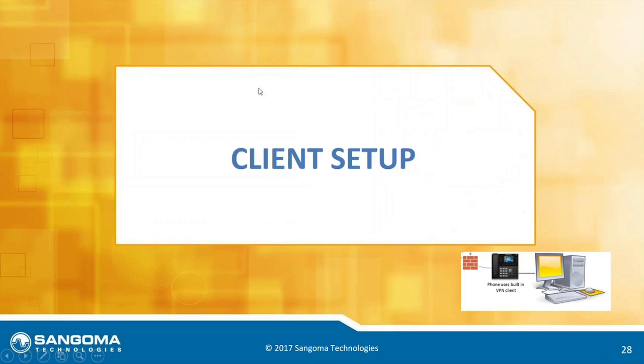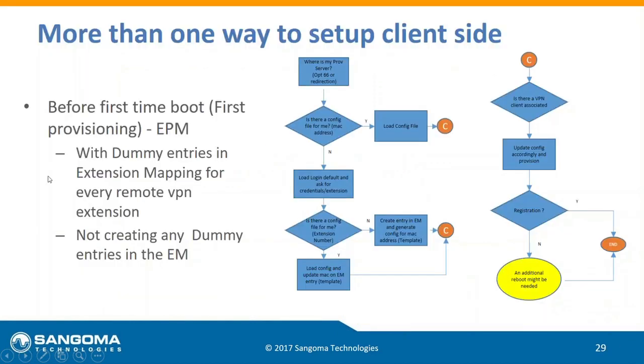Okay, let's see now the client setup. There are two ways when you are setting up the client. In other words, when you are doing the provisioning per se, there are two different possible scenarios.